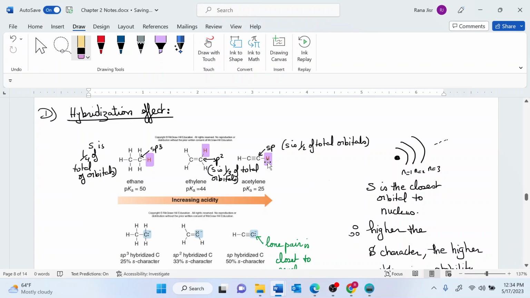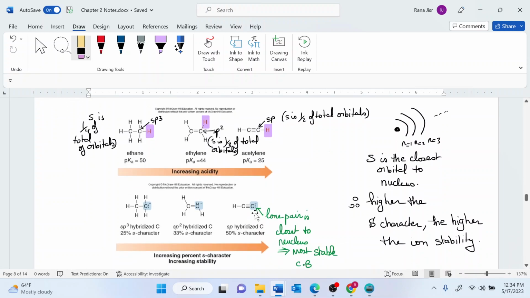This means that the chances of a base coming and taking this hydrogen are way more than the chances of a base taking the hydrogen connected to the sp2 hybrid carbon, and then the sp3 hybrid carbon. So in order to determine the different types of acidity, all you need to do is change into a conjugate base as we used to do and check which conjugate base is more stable.